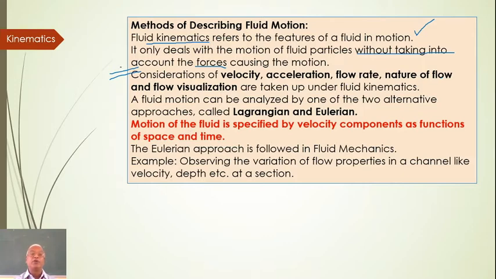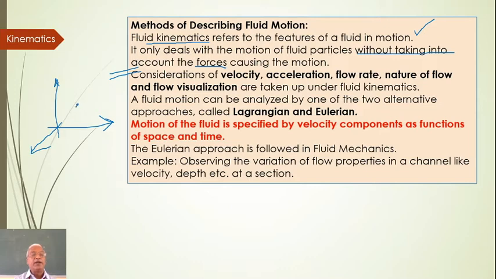All these things are the domain of fluid kinematics. A fluid motion can be analyzed by one of two alternative approaches called the Lagrangian and Eulerian approach. Just now we have seen that. Motion of the fluid is specified by velocity components as a function of space and time. So the velocity is considered not as a single velocity, but as components of velocity because it is a space, right? Now when you consider space, obviously we have to talk about x, y, z directions.